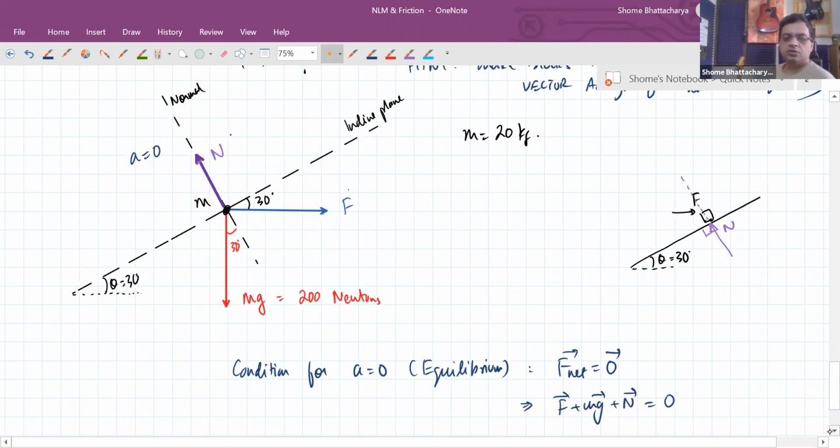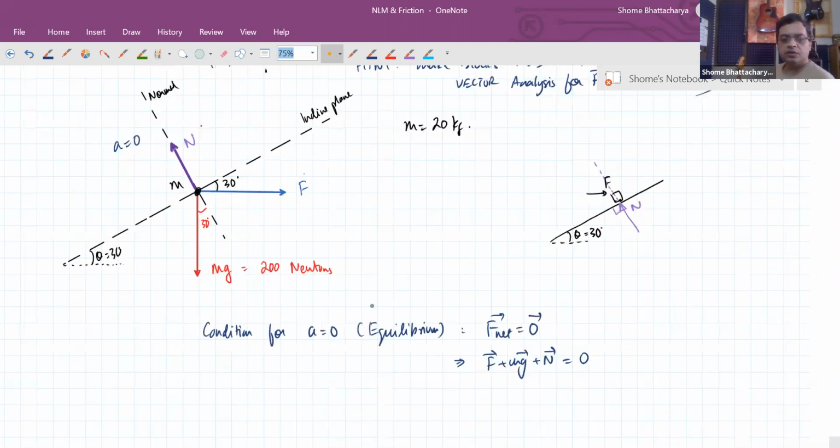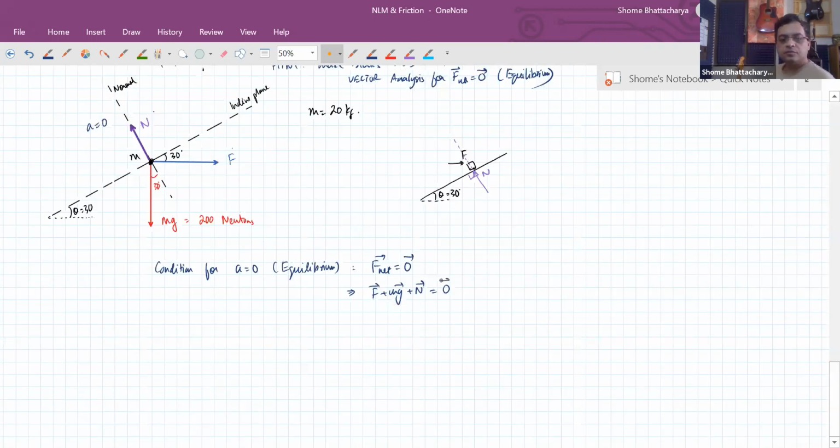Let's look at that. So the easiest way to implement this will be what we call Lami's theorem, or the equivalent of the sine rule. So it's equilibrium of three forces. So for that we can always use the sine rule of a triangle, or what we call Lami's theorem.